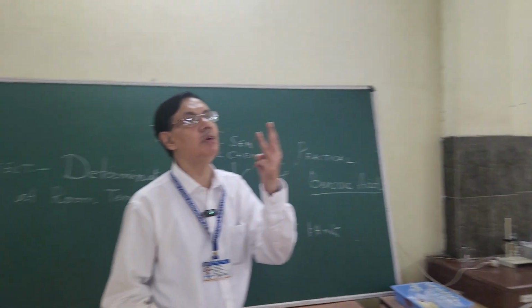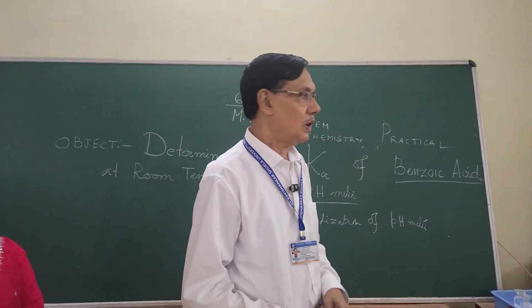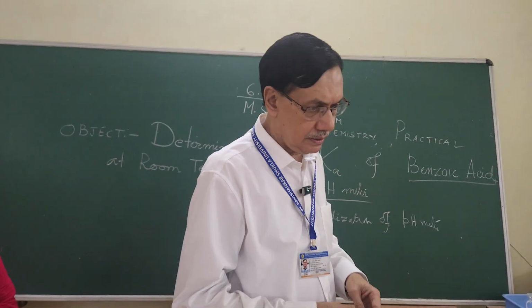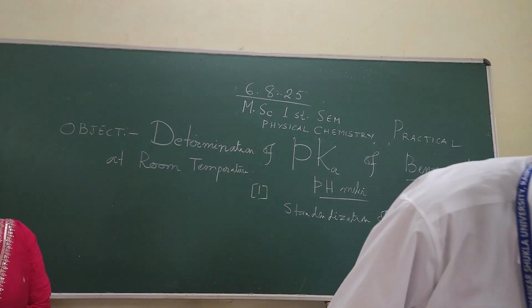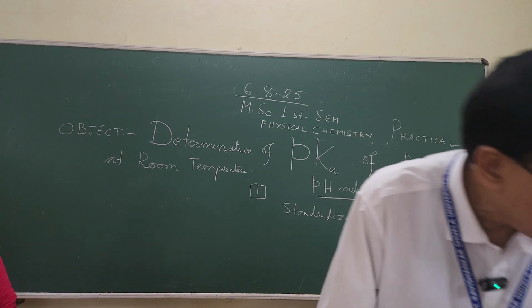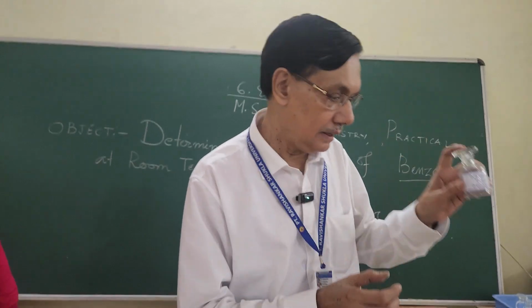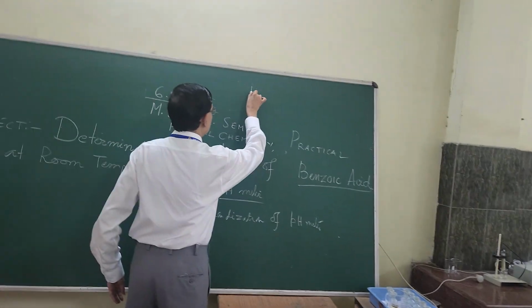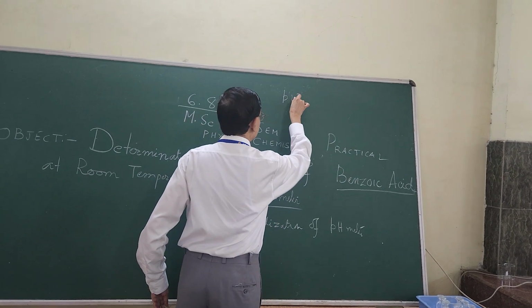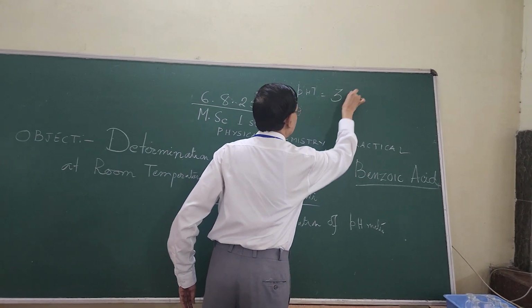Yes, so we need at least 3 buffer solutions. One is for the acidic range, we will use the saturated solution of potassium hydrogen tartrate, and the pH of this potassium hydrogen tartrate is 3.56.